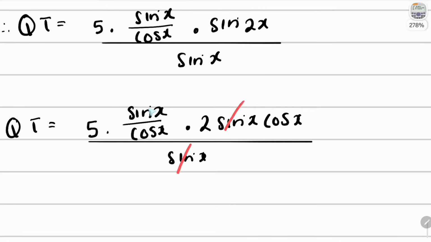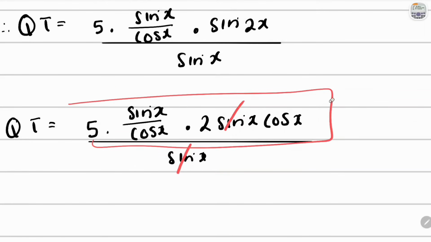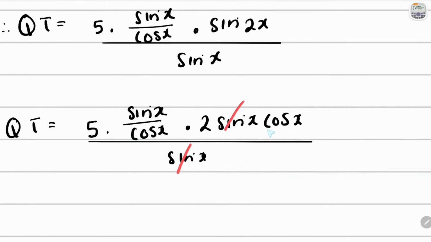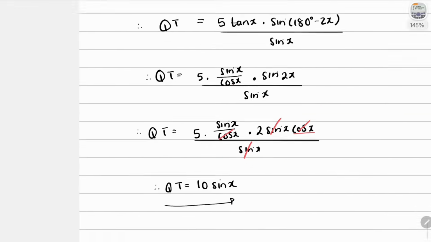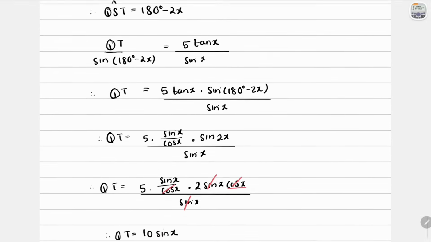And now you're left with, in the numerator, sin x over cos x multiplied by cos x. This cos x is in the numerator, as in it has a denominator of 1, so it will cancel with this cos x in the denominator. And all we have left is that QT is simply equal to 5 multiplied by 2, which is 10, and then the only thing left in the numerator is the sin x. So 10 sin x, just like they said QT would be equal to. So QT is equal to 10 sin x.